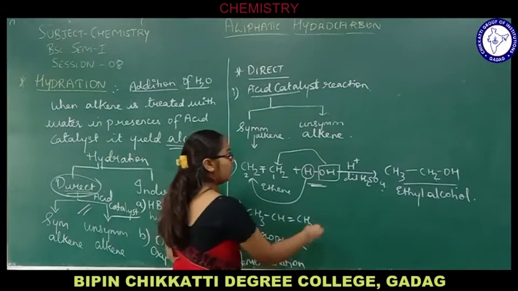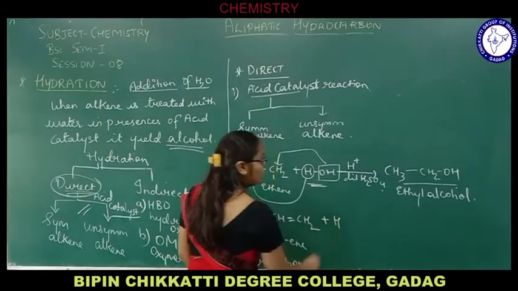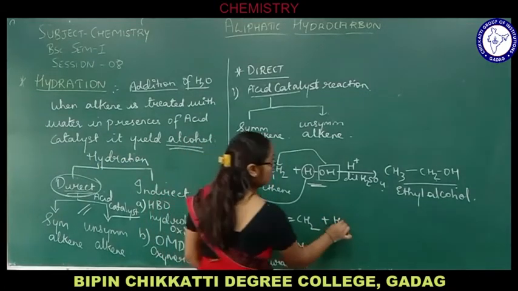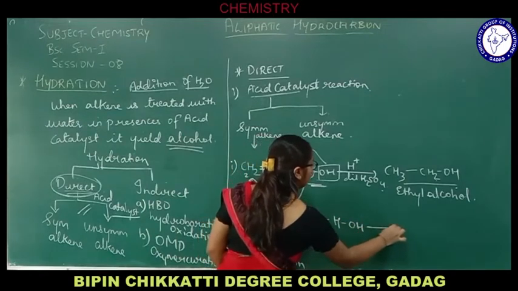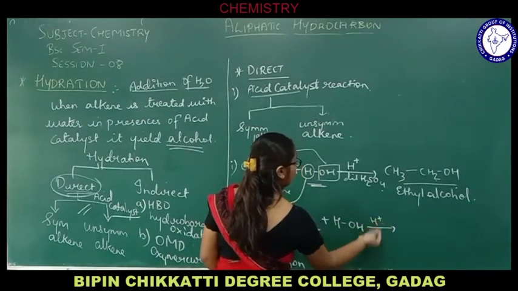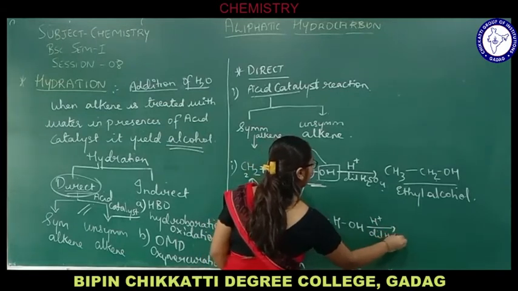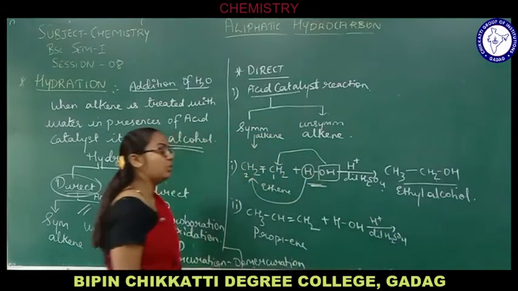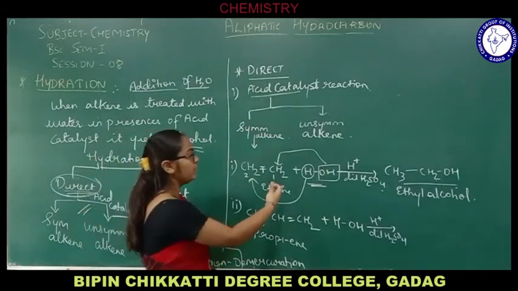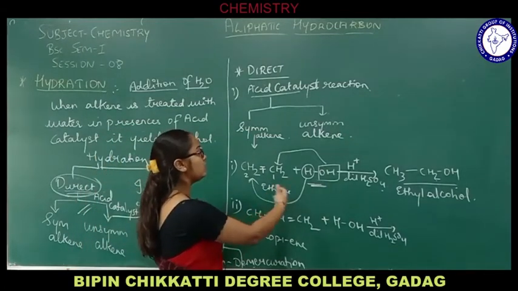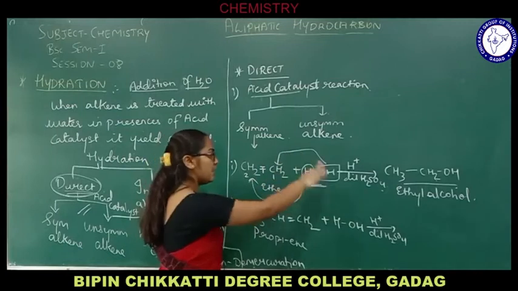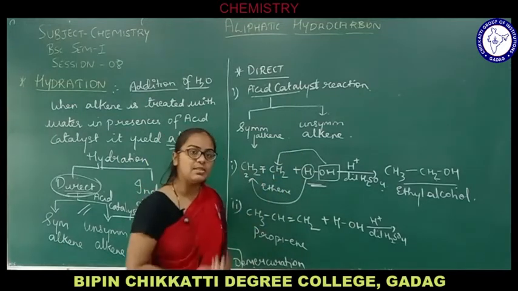So when propene undergoes hydration, meaning addition of water in presence of acid catalyst, which comes from dilute sulfuric acid, what will happen? For symmetrical alkene, we could add hydrogen to any of the carbon atoms and hydroxyl to any of the carbon atoms.